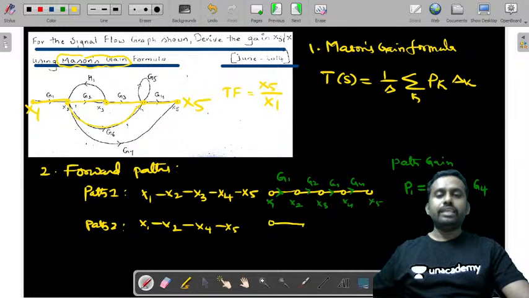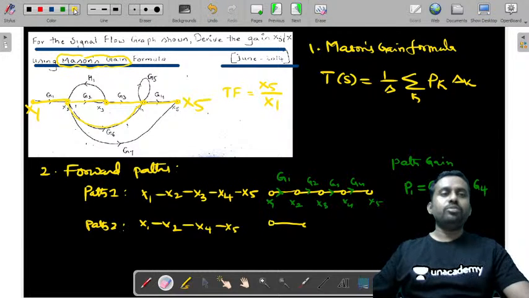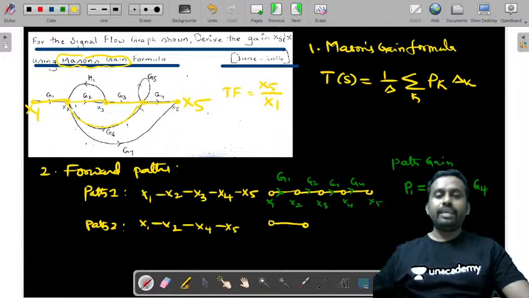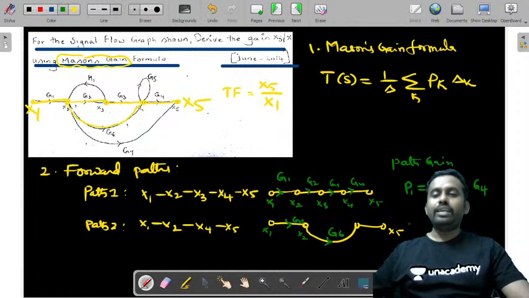So I'll draw that: x1, x2, then x2 to x4 and x4 to x5. What is the gain in this case? This is g6. So I'll write forward path gain p2 as g1 into g6, and there is another path gain here, this is g4.